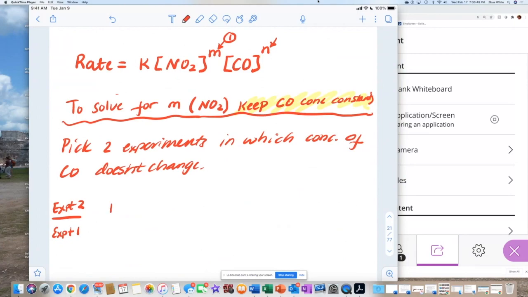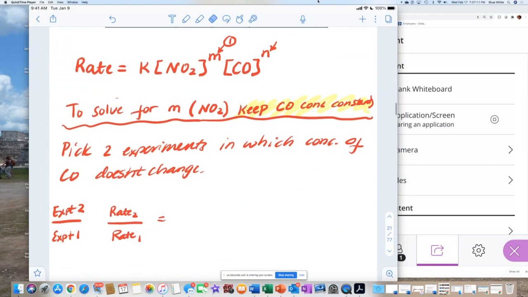So in other words, I'm going to do rate 2 over rate 1 equals K NO2 to the M. Oh, let me actually work this out and plug in the numbers so it'd be a lot quicker, because I feel like I'm just going on and on.